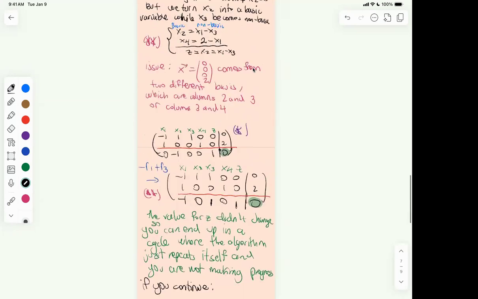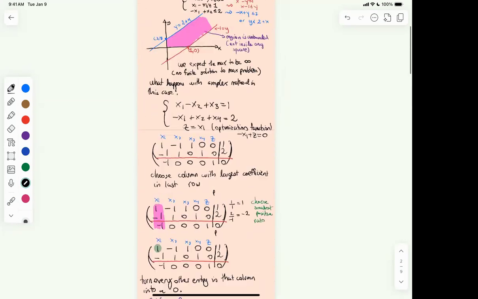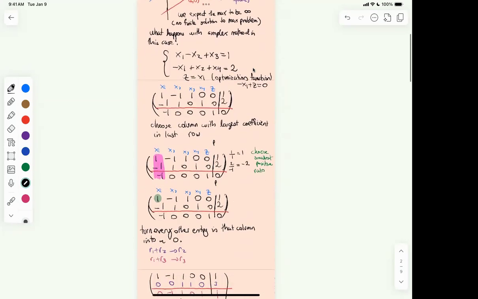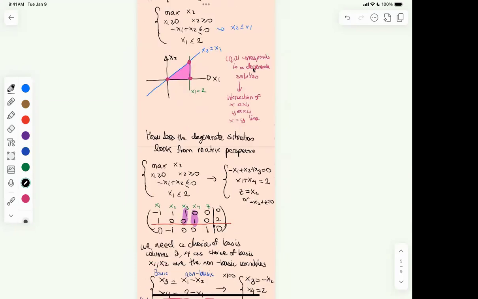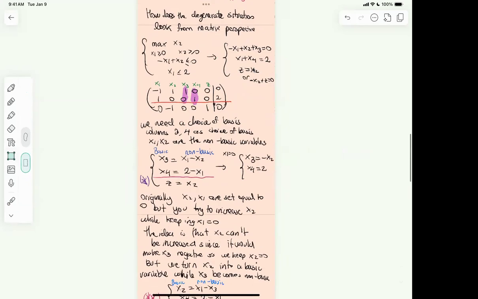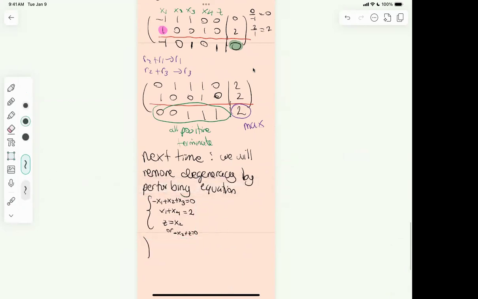So what I mean by that is that this was the system of equations. And you perturb the equations by adding an epsilon perturbation to the constant term.